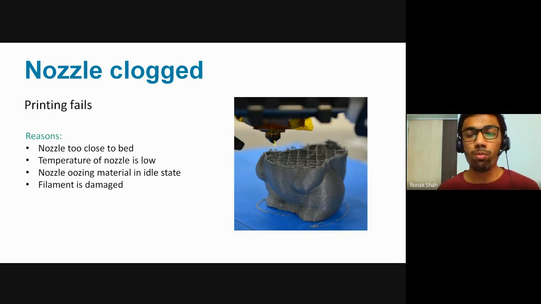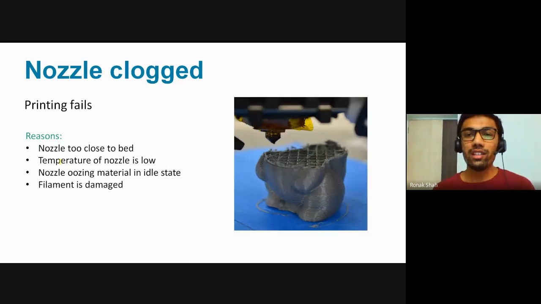So for that small opening, if you don't provide a proper gap, the filament doesn't come out properly, and because of that, after a certain amount of printing is done, the amount of material deposited inside the nozzle increases, and it stops extruding the filament further. Then a very low nozzle temperature is also another reason.